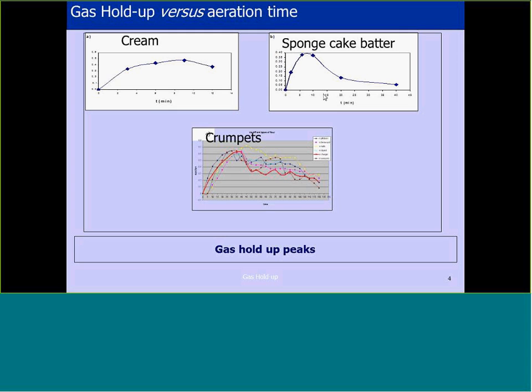And remember, engineers are very mathematical in their training, and therefore we often get very excited when we see turning points like this. When something goes up and comes down, we generally become very excited, and we think that we should aerate the cake batter so that the maximum amount of air is included.